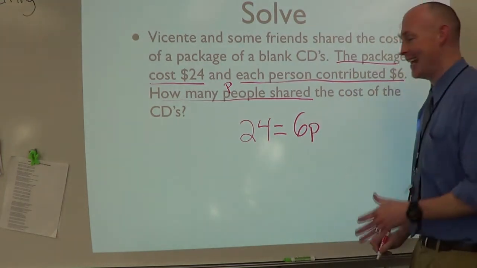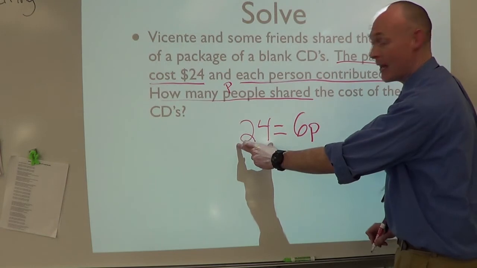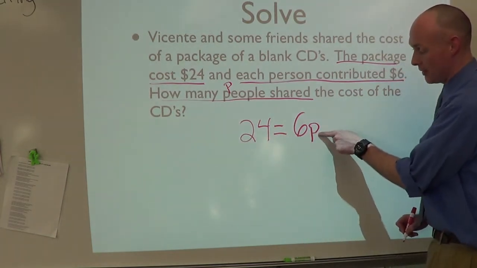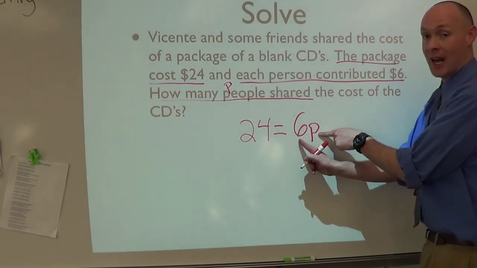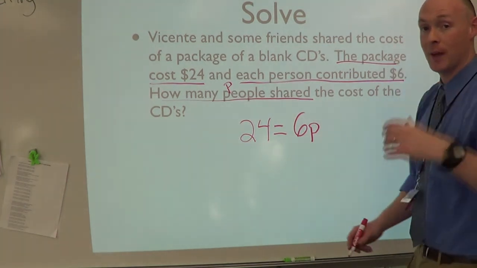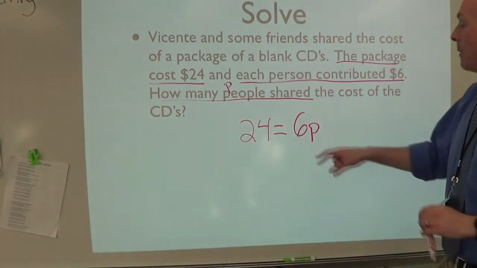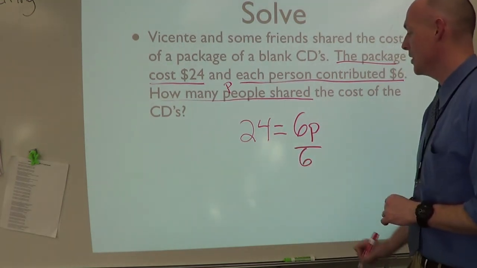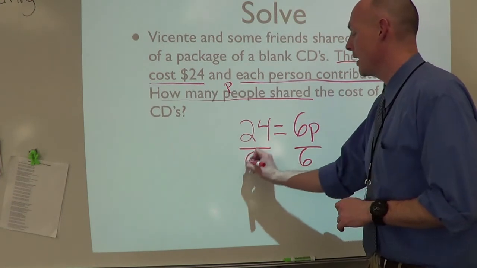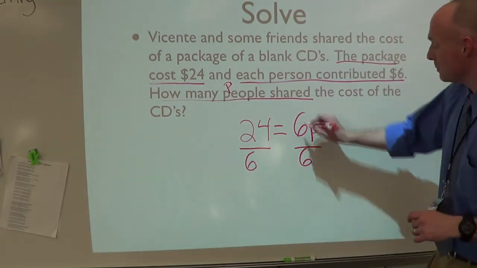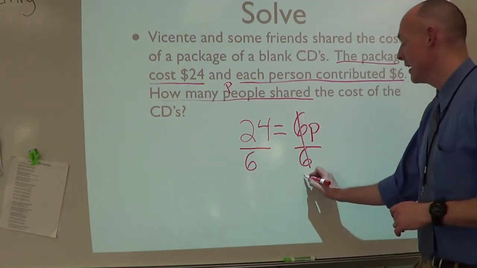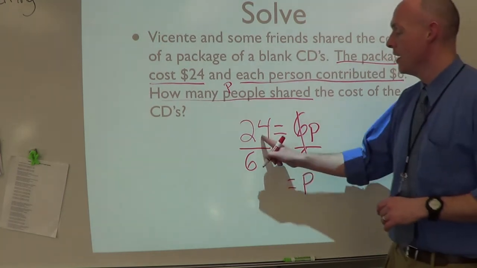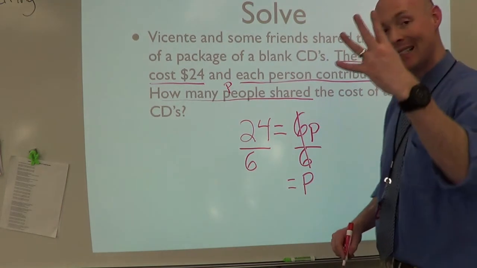And what this is saying is the total cost is $24. And what that will equal is each person paying $6. Now let's figure out what they paid. I have multiplication, so my inverse is division, so we're going to divide by 6. If we do it there, we've got to do it here. Divide by 6. 6 divided by 6 cancel each other out, so we're left with P equals 24 divided by 6, which is 4.